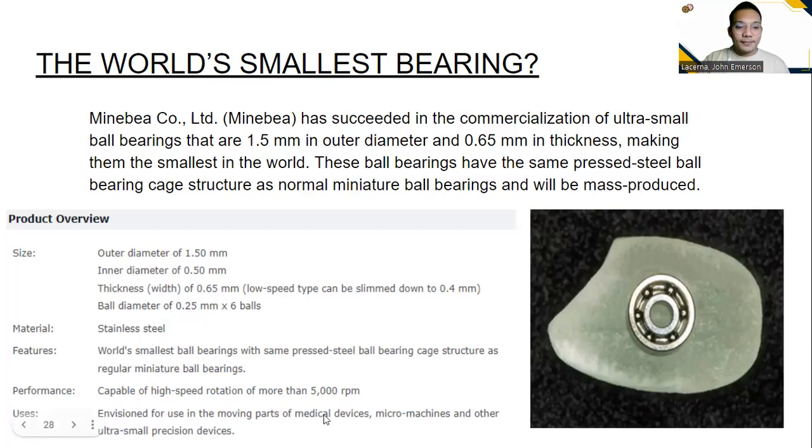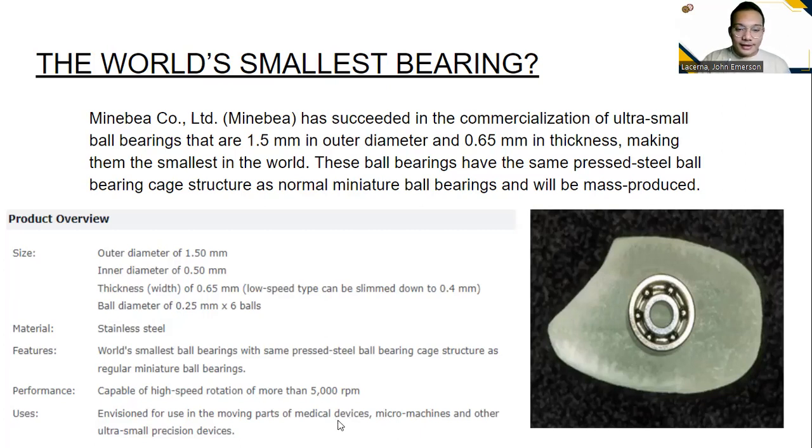So, small but terrible and very rigid, matibay din siya. And uses, saan ba ito ginagamit? Bakit gumawa sila? Sa modern world, papunta na nga tayo sa nanotechnologies. Pero meron pa rin tayo mga micro machines. Robotics, marami diyang moving components na kailangan din ng bearings para maiwasan ang friction and di masira.